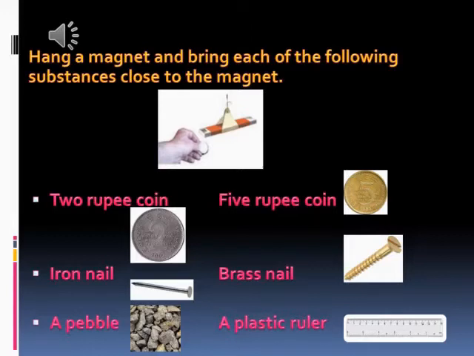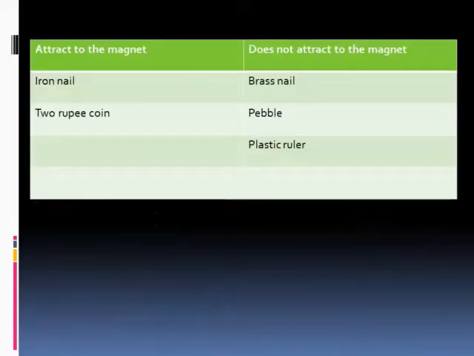Observe whether these substances are attracted towards the magnet or not. So you can fill the table like this. Iron nail, 2 rupee coin are attracted to the magnet, but brass nail, pebble, plastic ruler are not attracted to the magnet. What about the 5 rupee coin?